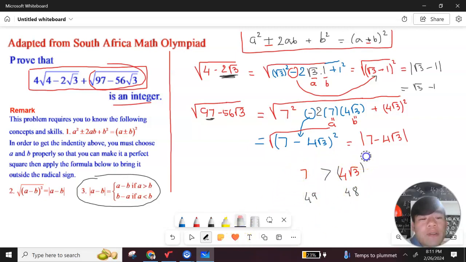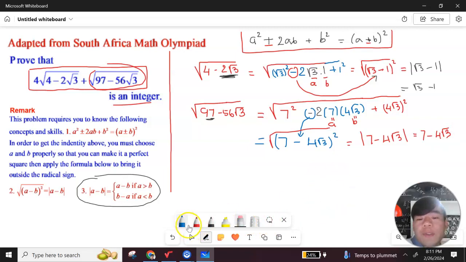So 7 minus 4 root 3 is greater than 0. When you eliminate the absolute value sign, it stays itself, so it's 7 minus 4 root 3. I leave it over there.